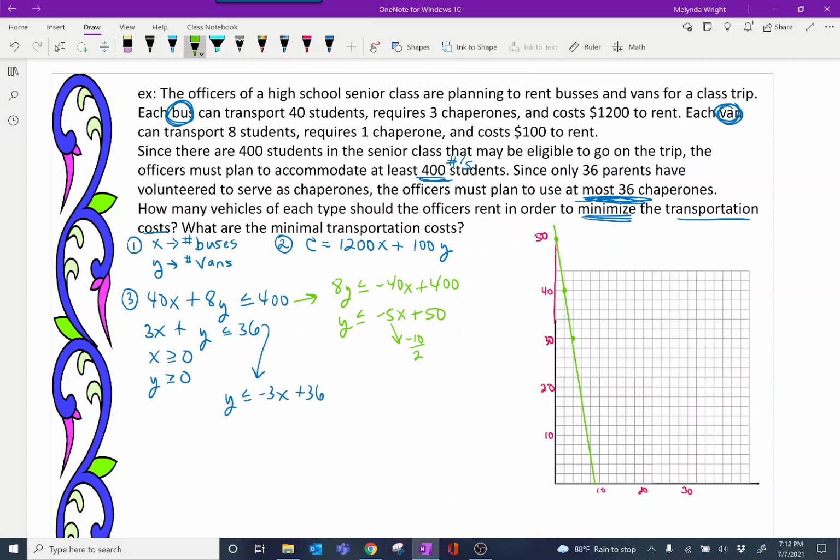Okay, so now let's look at the other one. The y-intercept, 36, is at 32, 4, so it'll be right here.